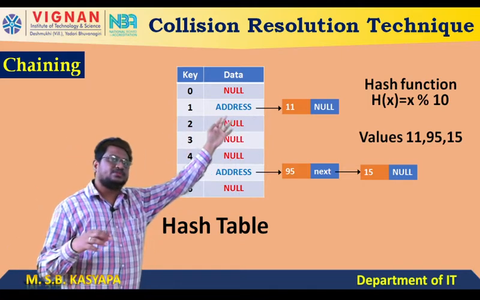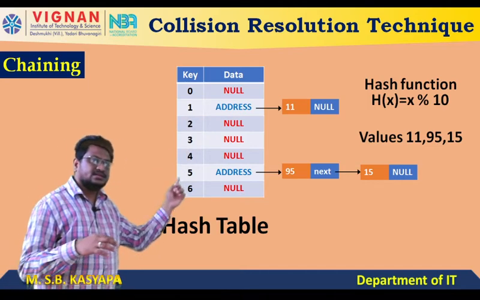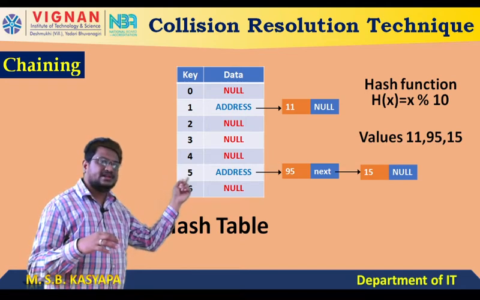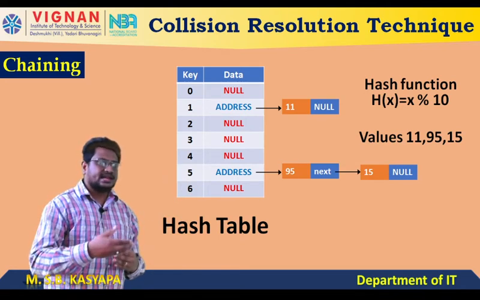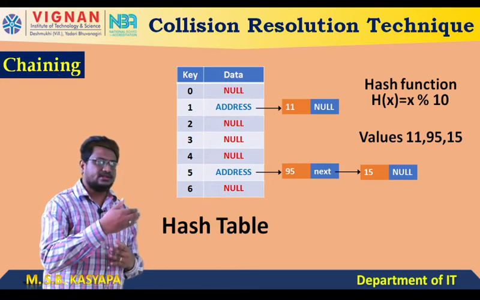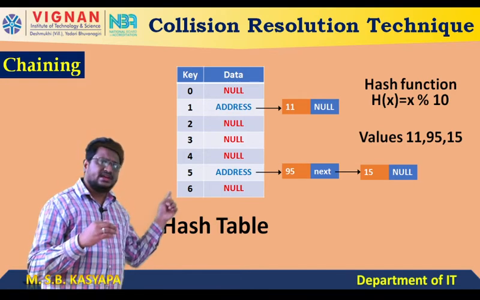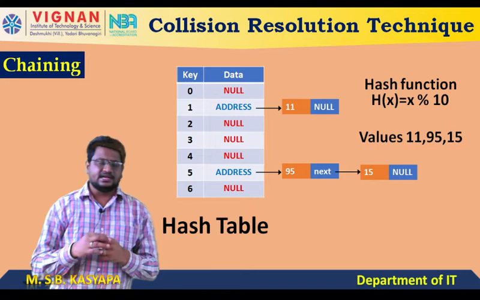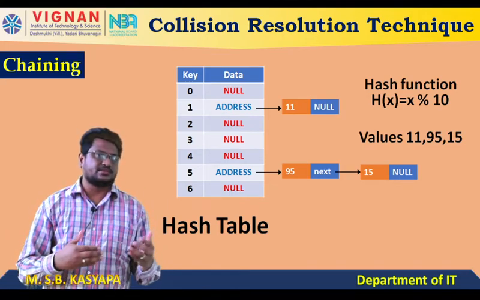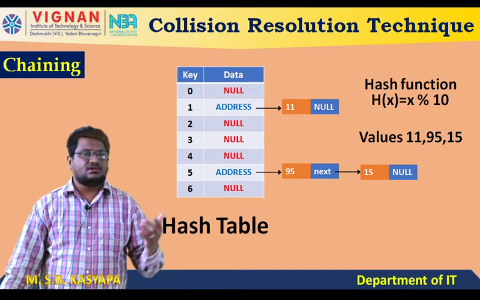But 95 and 55 are representing the same address, that is 5, so I created a linked list with 2 nodes. Only one node is created at 1, but at 5 I created a two-node linked list, because two values are representing the same address. Like this I solve the collision problem.